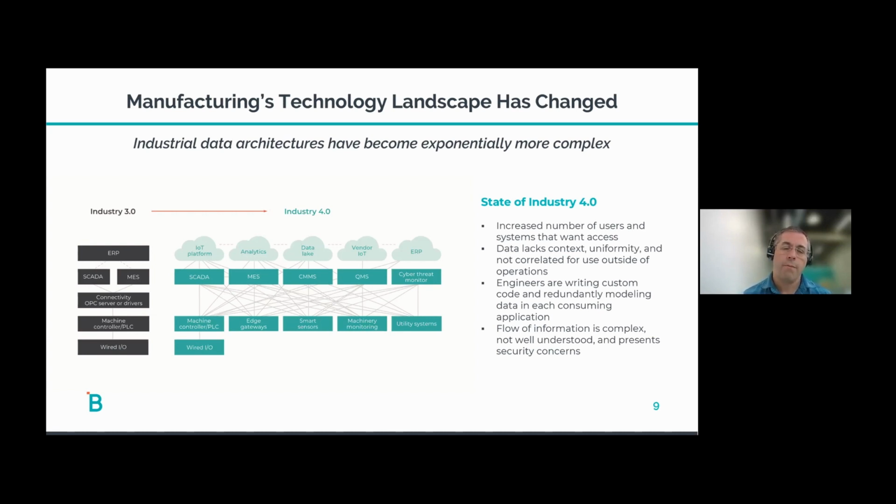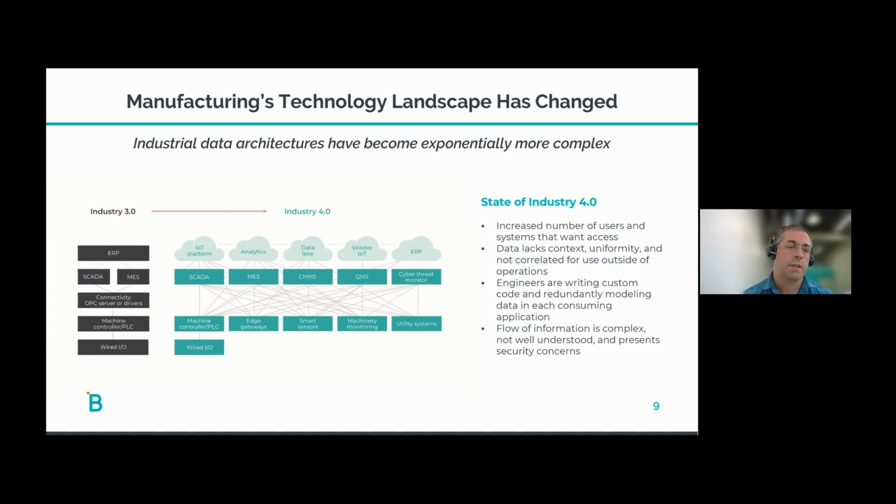All of those job functions brought with them their own systems. So now we need to push data into these systems to get them access to it. So we see a lot more systems looking for data. In some cases, we even need to add additional data on the factory floor with smart sensors or gateways to be able to collect that data and push it up.